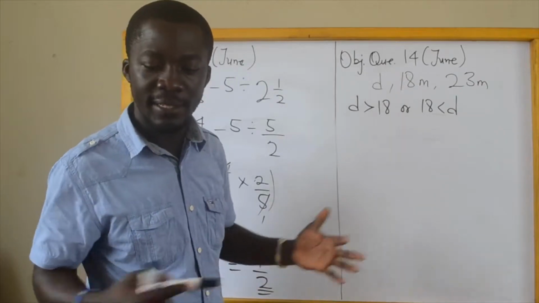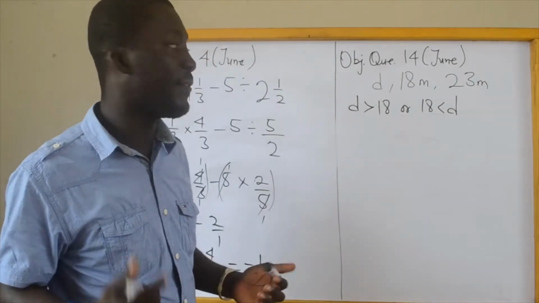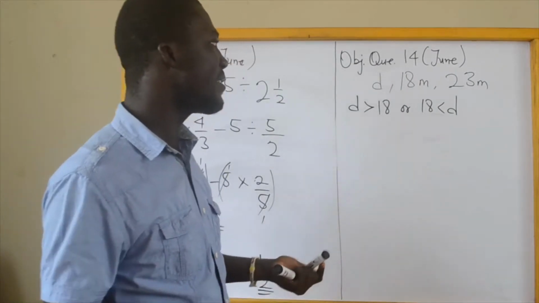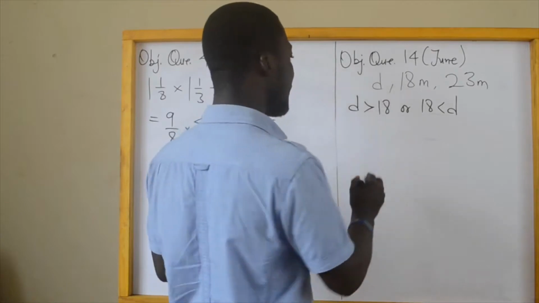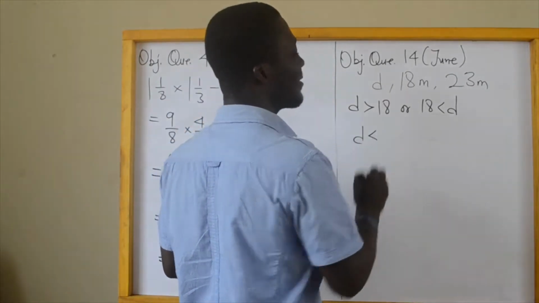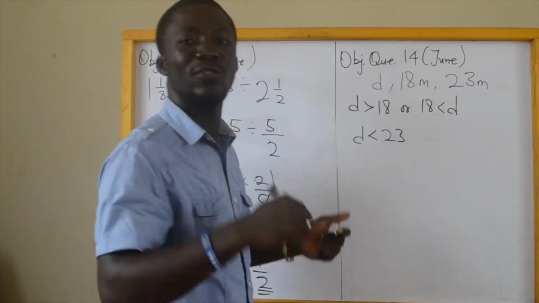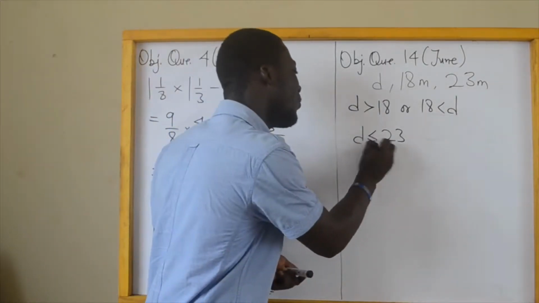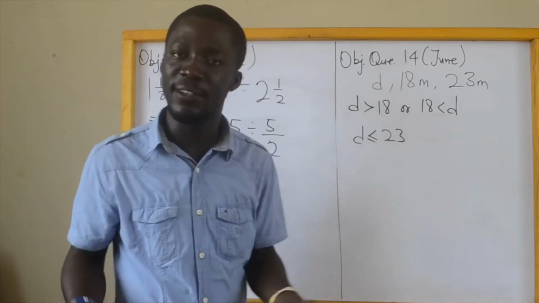And the second part says that but not more than 23. So if we are saying that d is not more than 23, it means that our d is less than 23, but not more than 23. But the 23 is part, which means the 23 is inclusive.